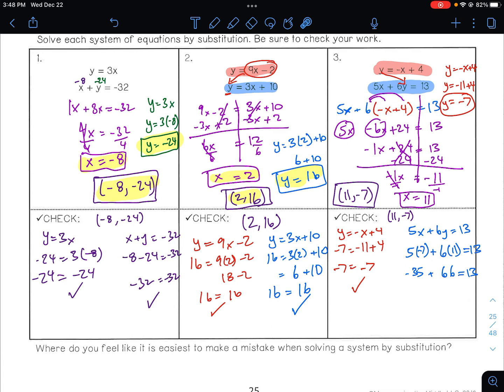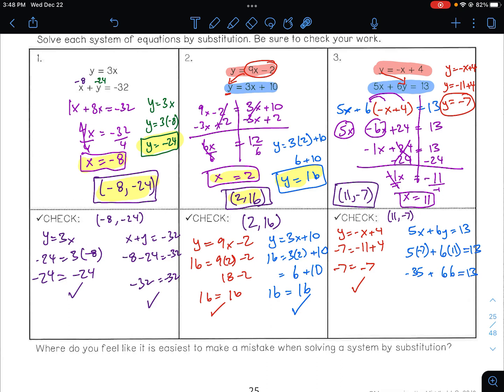So 5x plus 6 times negative x plus 4 equals 13. 5x minus 6x plus 24 equals 13. Maybe 5x minus 6x is negative 1x. Subtract 24 from both sides, I end up with negative x equals negative 11. I get positive 11.